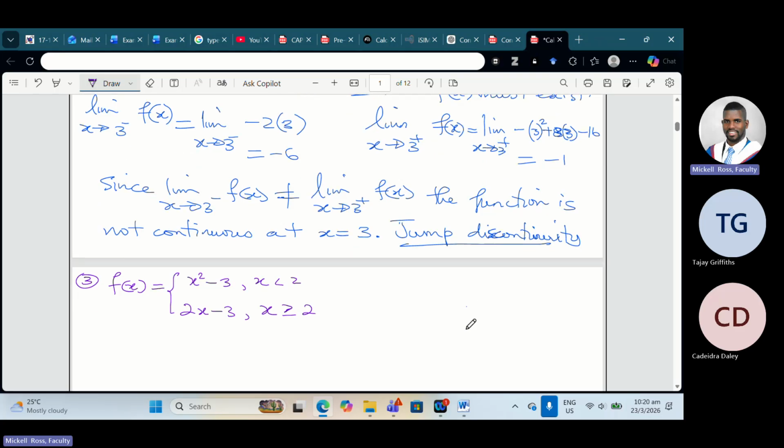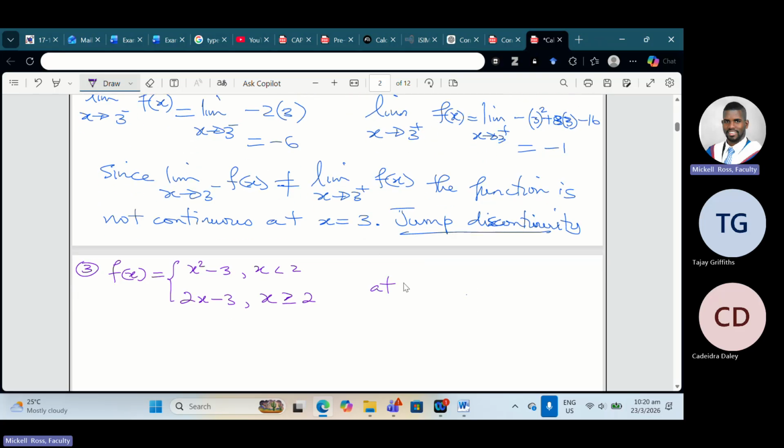All right, let's look at this function and see if it is continuous at x equal to 2. First and foremost, we're going to check to see if the function exists when x is equal to 2.